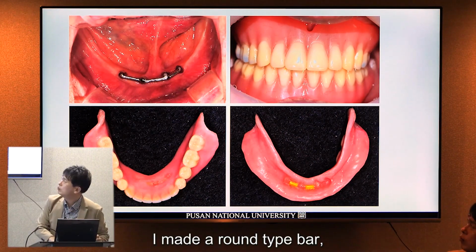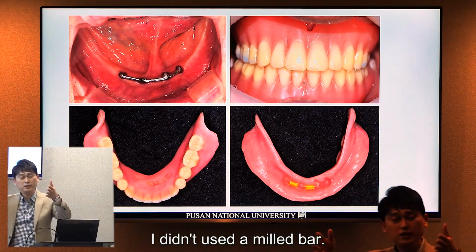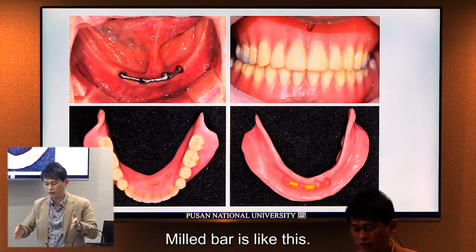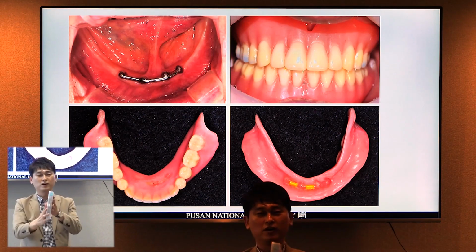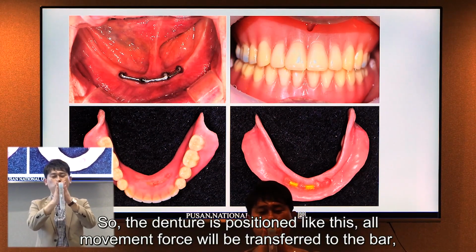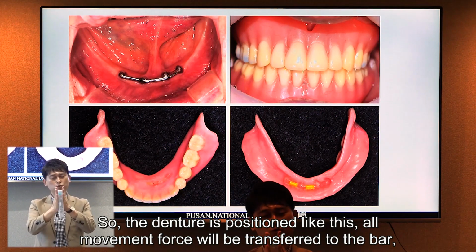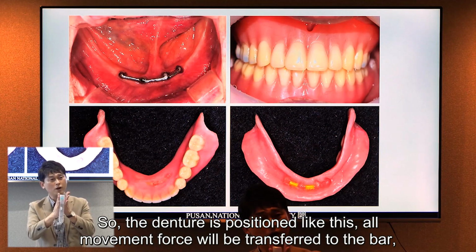I made a round type bar. I didn't make a Dolder bar. Do you know Dolder bar? A Dolder bar is like this. So the denture is positioned like this, and when the denture moves, every movement force will be transferred to the bar.